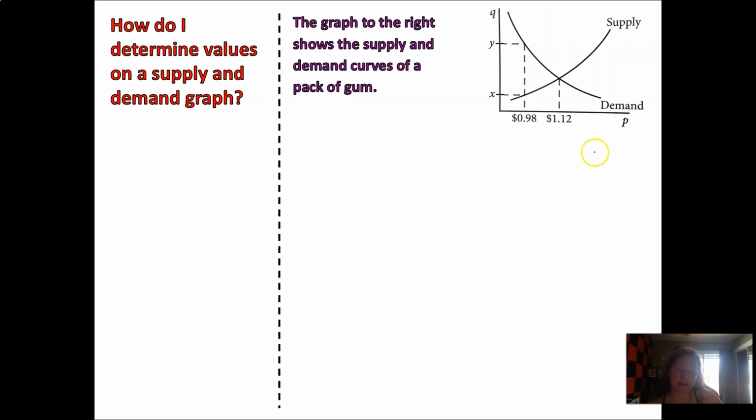Here's the supplier's graph, here's the demand graph, and these are different prices. At 98 cents, we got an X and a Y over here, and then we got $1.12. We're going to look at all the different things. Like I said, if you wait till the end, we're going to put some markings on the graph for you.